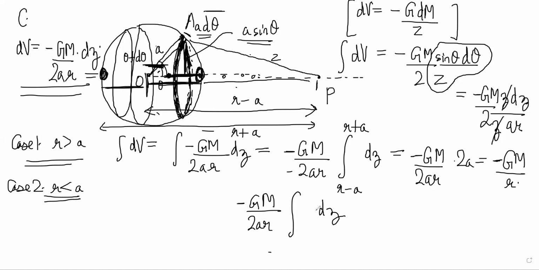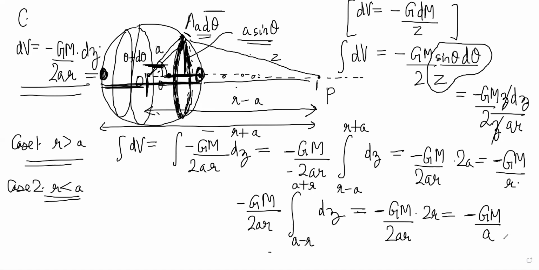So a minus r, and if the other shell is here, the distance from this to this point will be a plus r. And this time it will become a plus r minus a minus r, so 2r.